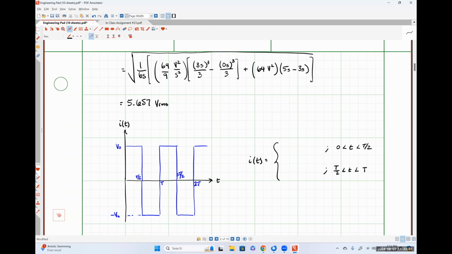T. So what is the value of our signal over the interval from 0 to capital T over 2? Is it just 0?